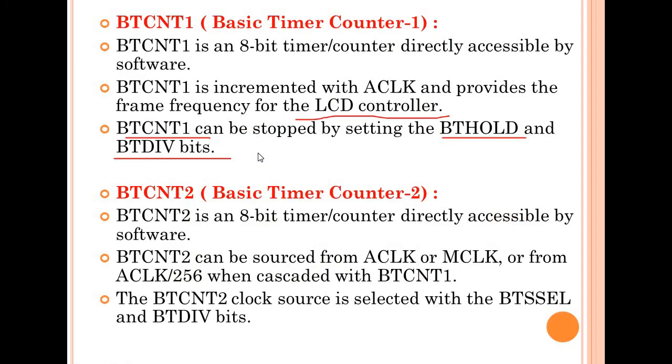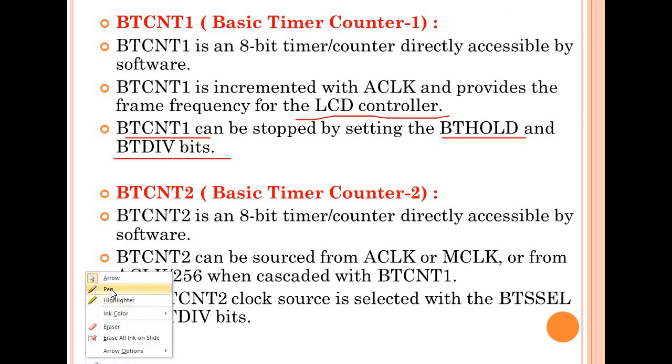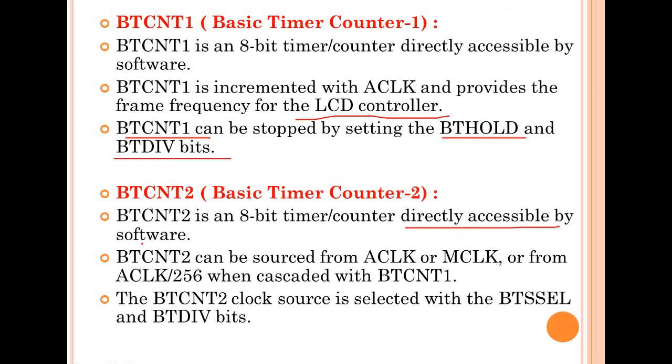Next, basic timer counter 2. The basic timer counter 2 is also an 8-bit timer or counter directly accessible by software. It is sourced from two clock sources, A clock and M clock.